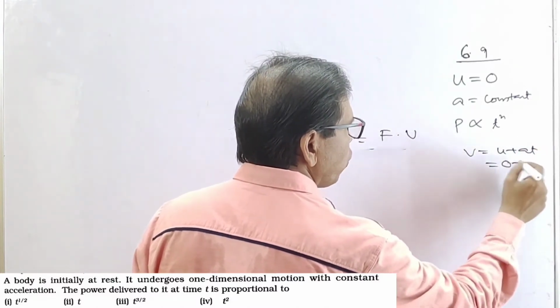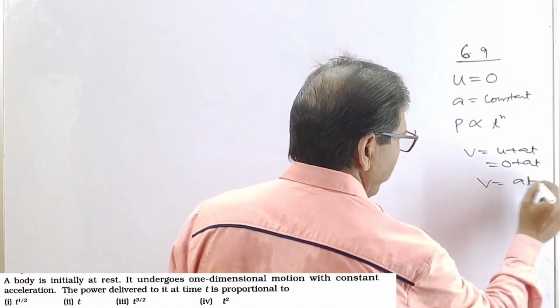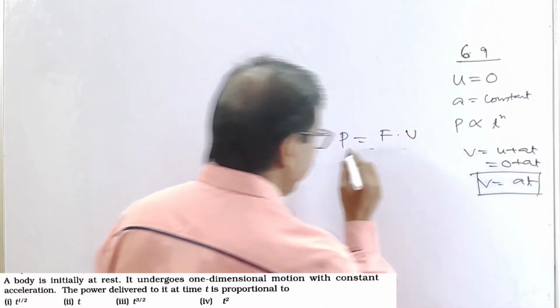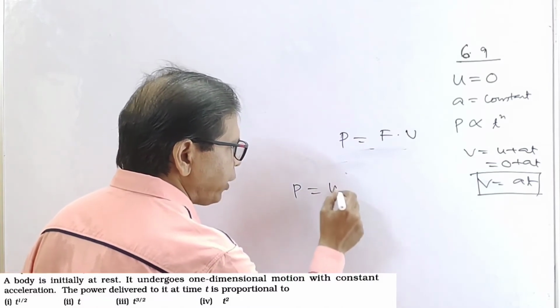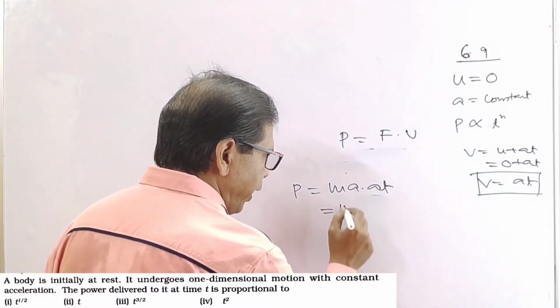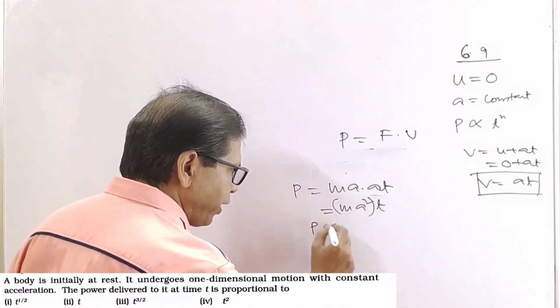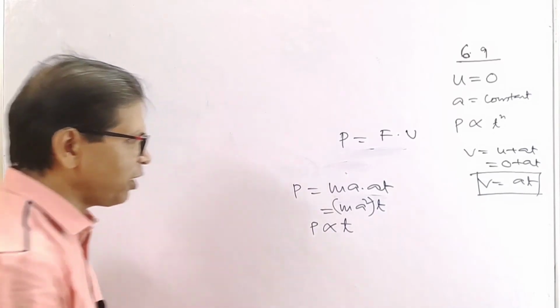Now here U is 0, so this is AT. So here V equals AT. Okay. Now here P equals force, mass into acceleration into AT. So this is M into A squared into T. This is constant. So power is directly proportional to time T.